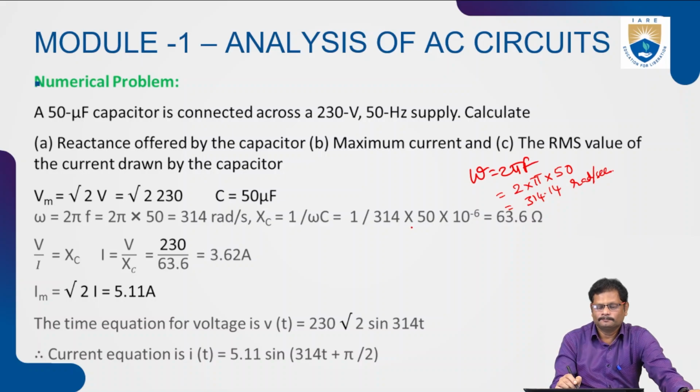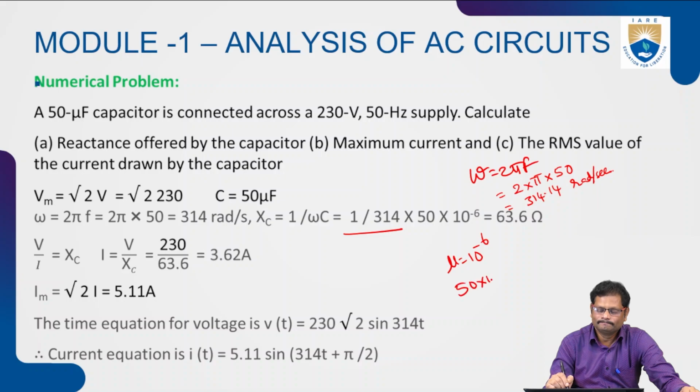And Xc equal to 1 by omega C, that is 1 by omega value 314, round figure, into C, 50 microfarads. Micro is 10 power minus 6, so 50 into 10 power minus 6 farads. This is 63.6 ohms.